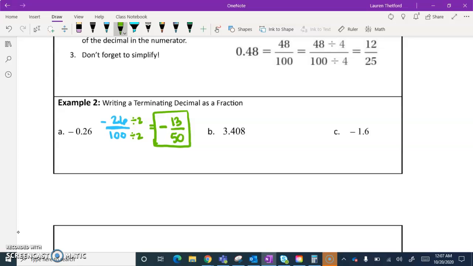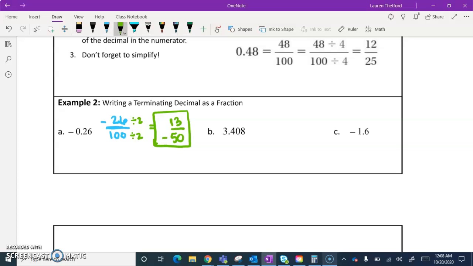A couple things to note. If this was not simplified, you'd have to keep going until you get to the simplified form. Your negative has to go with you throughout. You can write our fraction a few ways. The negative can either go out in front like we had it, or we can put it on top, or on the bottom.